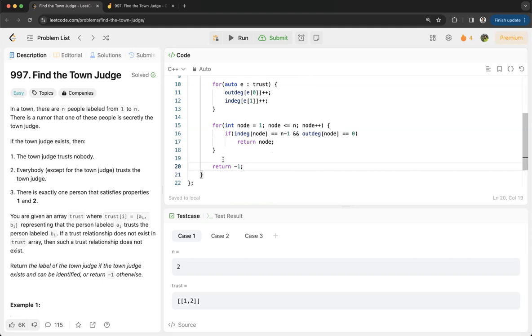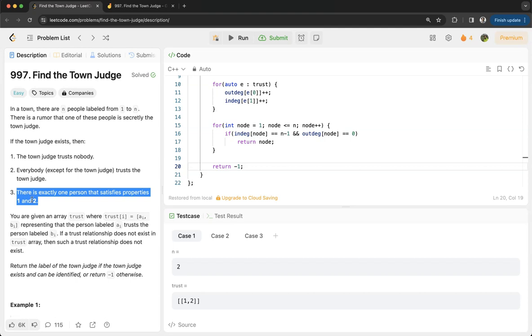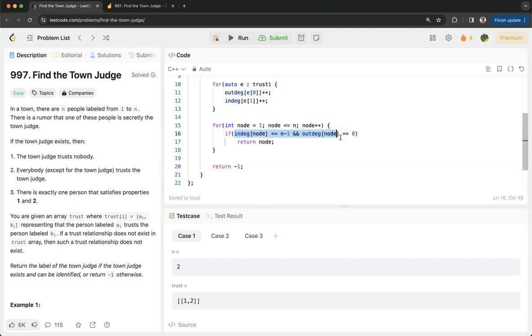But here's the question. Number 3 says that there should only be one person who satisfies these two properties. But what we are doing is that the first node that has these two properties, we are just returning. Is that okay? The answer is yes. Because you cannot have two universal sinks, you cannot have two judges.